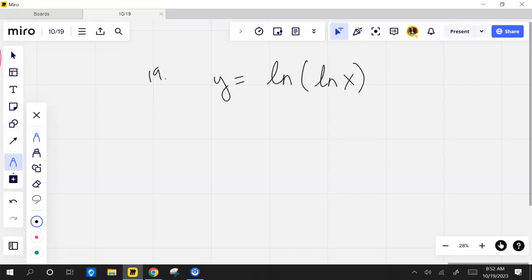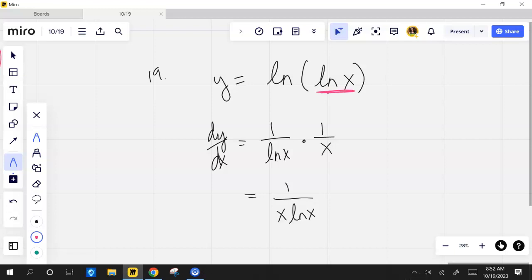It's ln of ln. No, because this is the inside chain part. That one was not as hard as y'all were making it.